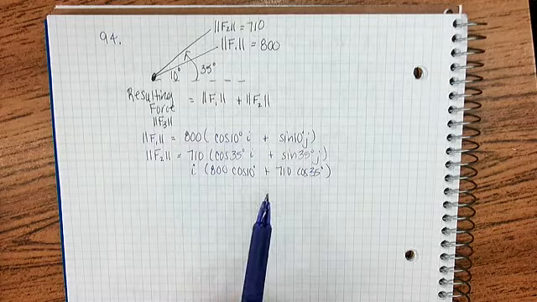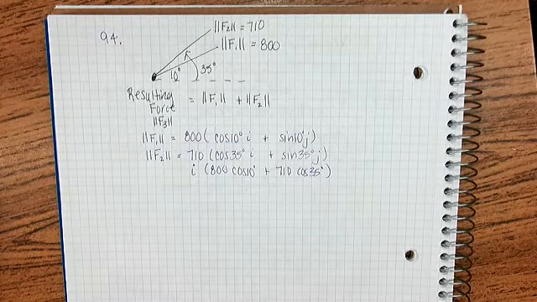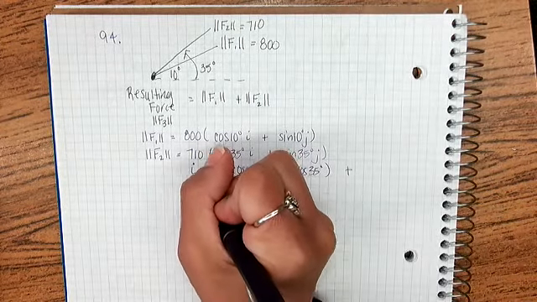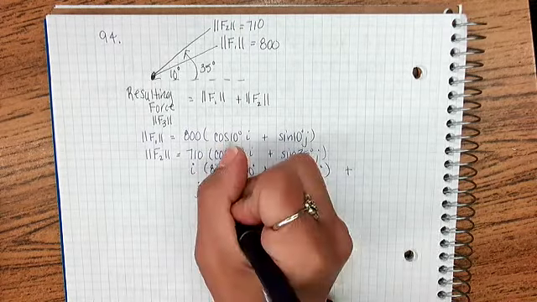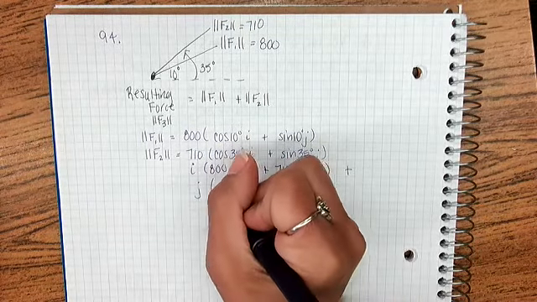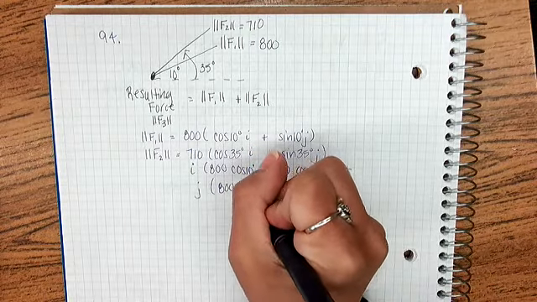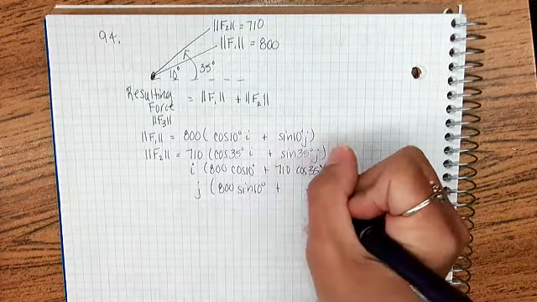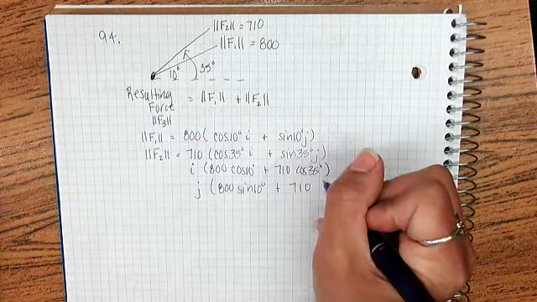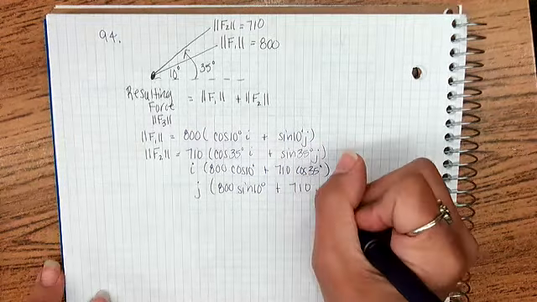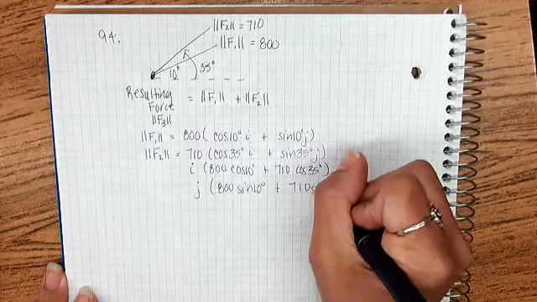Distribute, take out the I. And then I am out of room. Same thing with the J. So the J is going to be 800 times the sine of 10 plus 710 times the sine of 35.